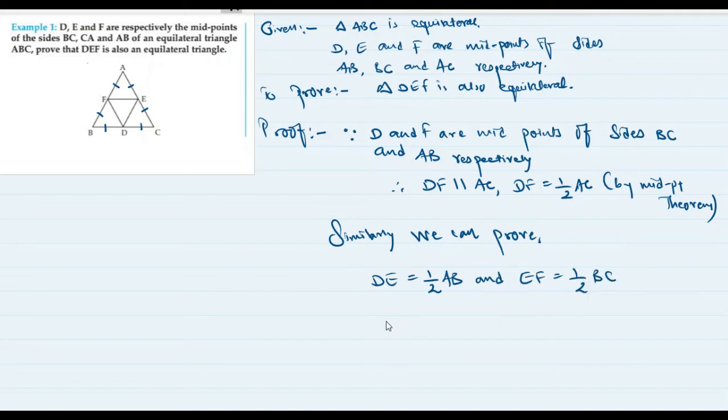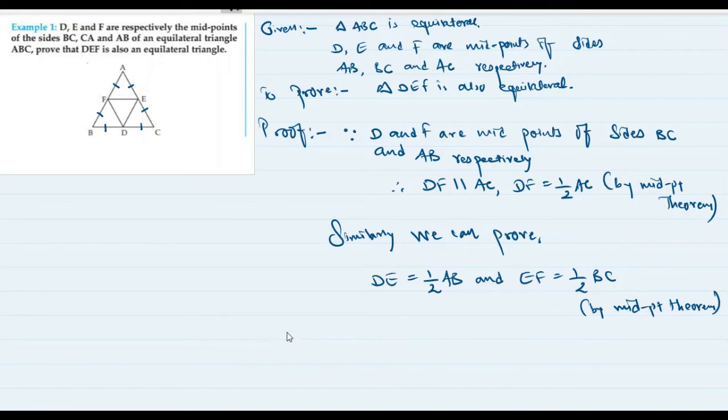So DF, DE and EF all are half of AB, BC and AC, right? By midpoint theorem.